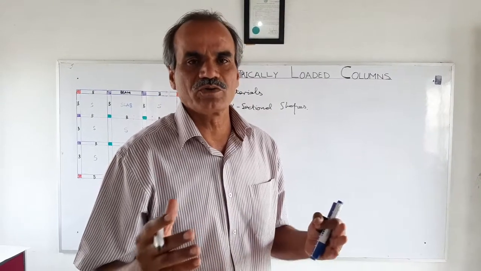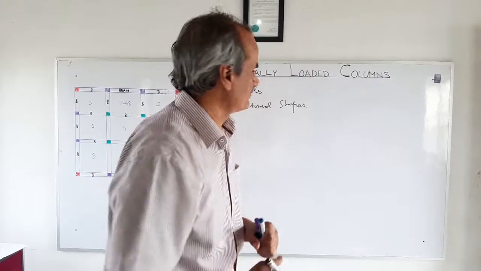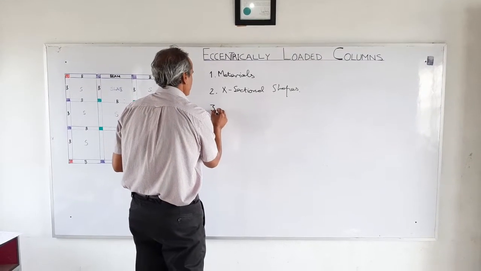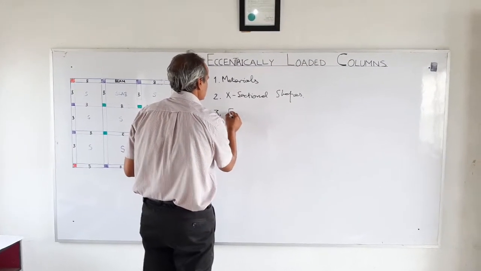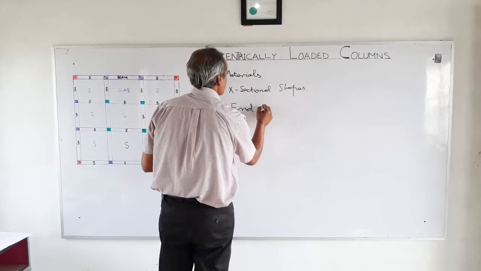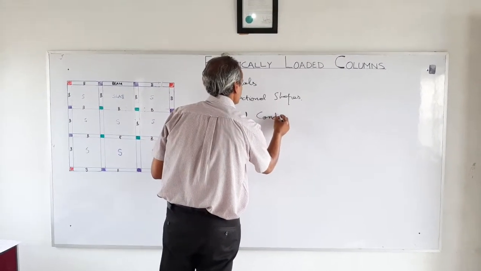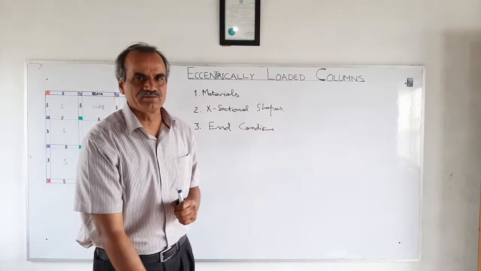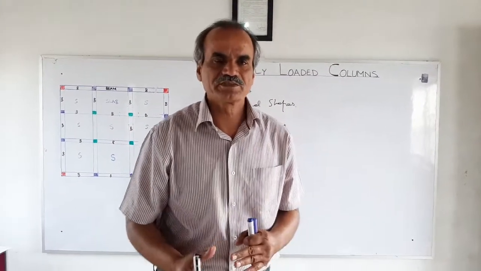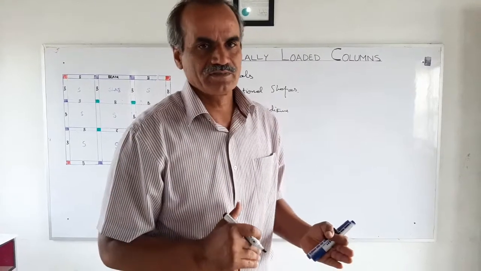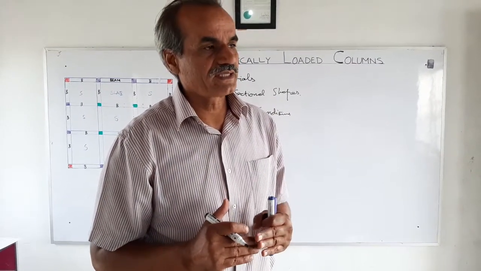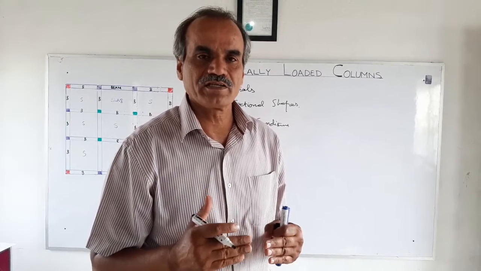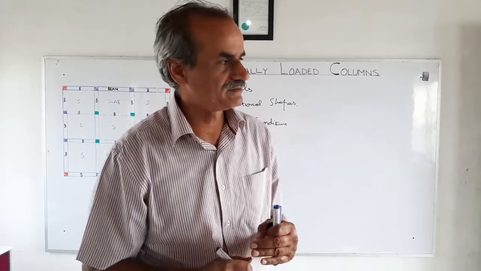Any shape you follow, you can name it. Then we can categorize columns with respect to their end conditions. With respect to end conditions, we can call them pin-ended columns, fixed-ended columns, and combinations of these. They can be columns with one end free and the other pinned, or the other end fixed.